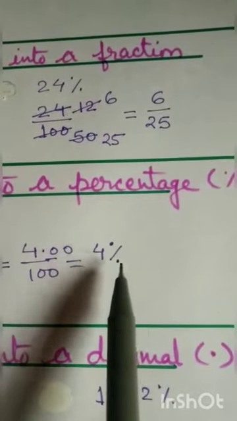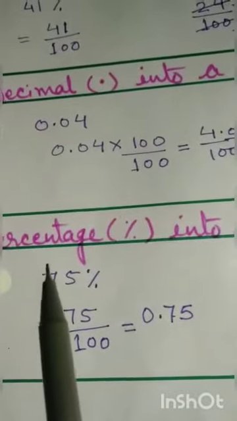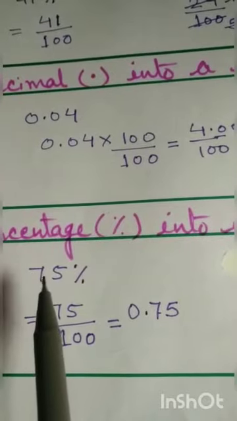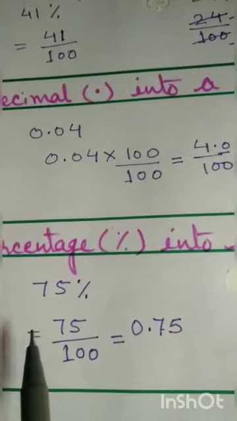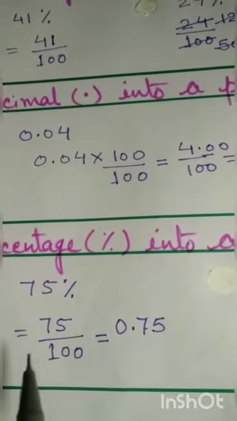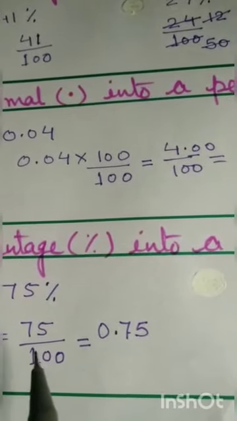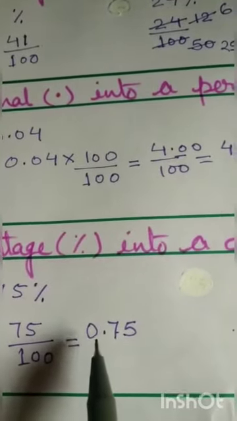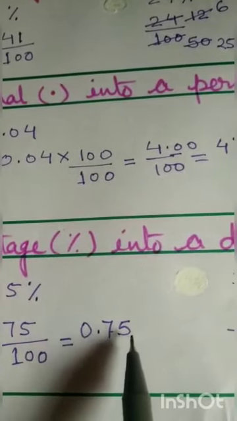So 4%. Next conversion. How to convert percentage into a decimal. For example, 75%. Remove this percentage sign and write 100 in the denominator. Now, when we divide this 75 by 100, we get a decimal number 0.75.